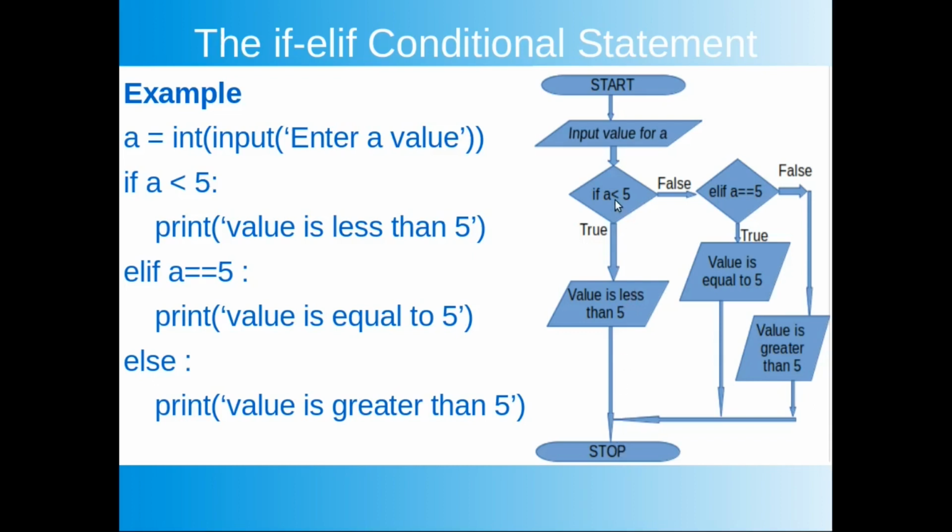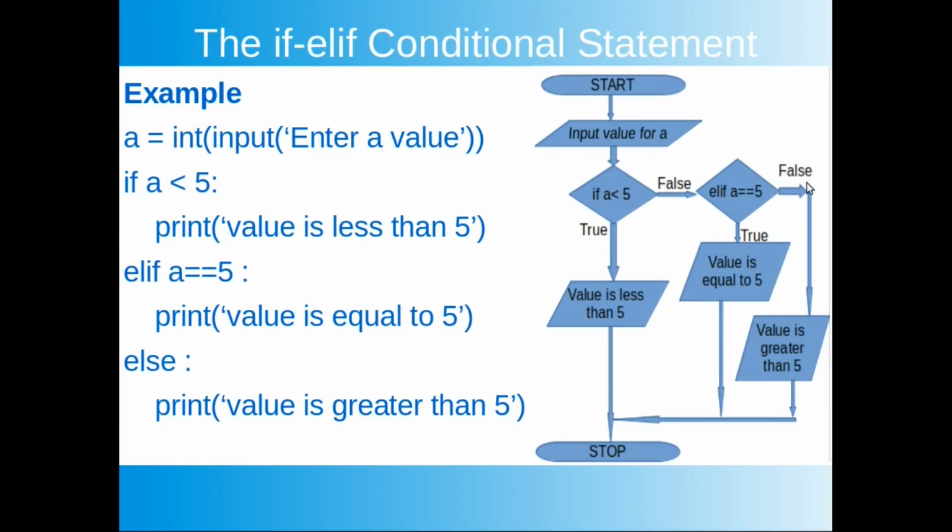But if the condition becomes false, then it will go to the elif block, and here it will check whether the value entered is equal to 5 or not. If the value is equal to 5, then the statement inside the elif block will be printed, and then your program will stop.